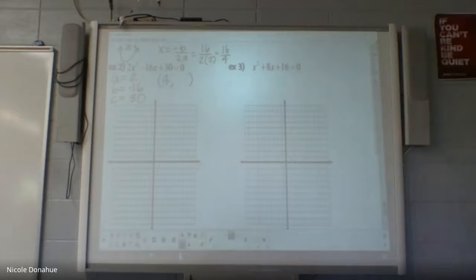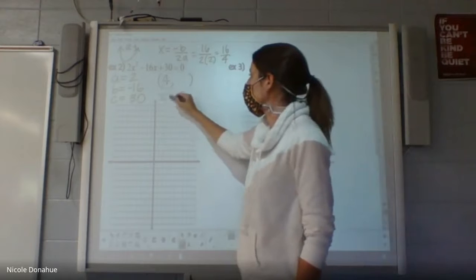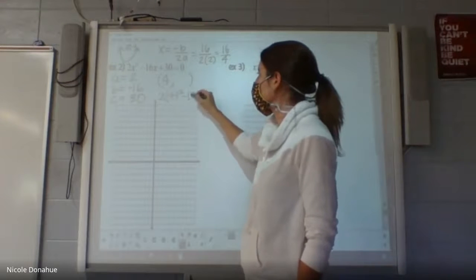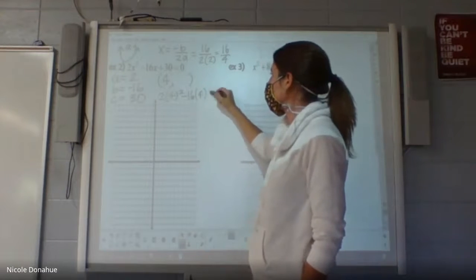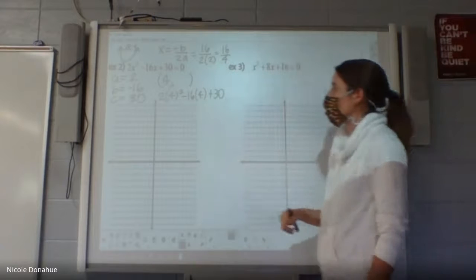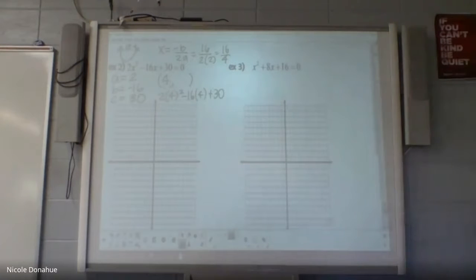Once I have the x coordinate, remember we have to substitute that back in to find the y. So we're putting that 4 in, but remember to follow order of operations. The 4 squared is 16 times 2 is 32.